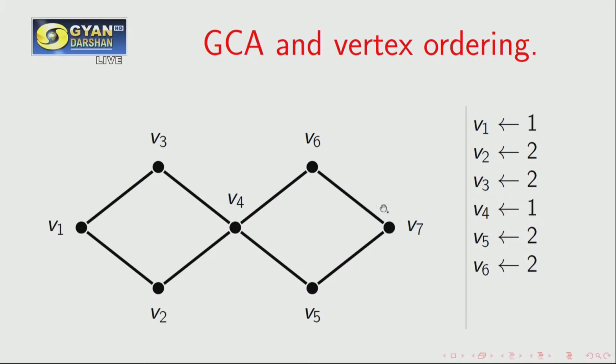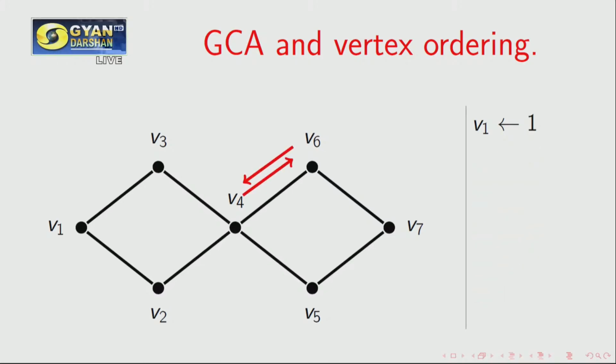And now to color V7, we see that V5 and V6 are the neighbors which have been assigned color 2, and therefore the least color not used on the neighbors of V7 is 1. So V7 gets the color 1. This way we have seen that a vertex coloring of the graph can be found by the greedy coloring algorithm.